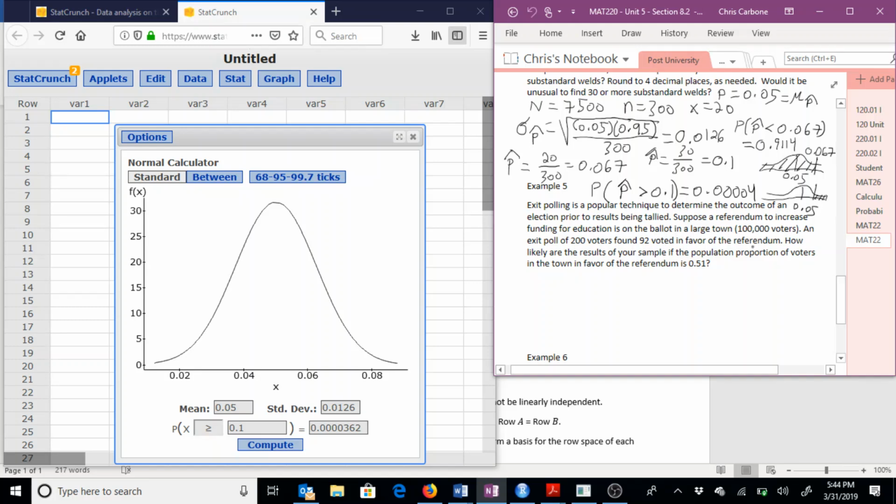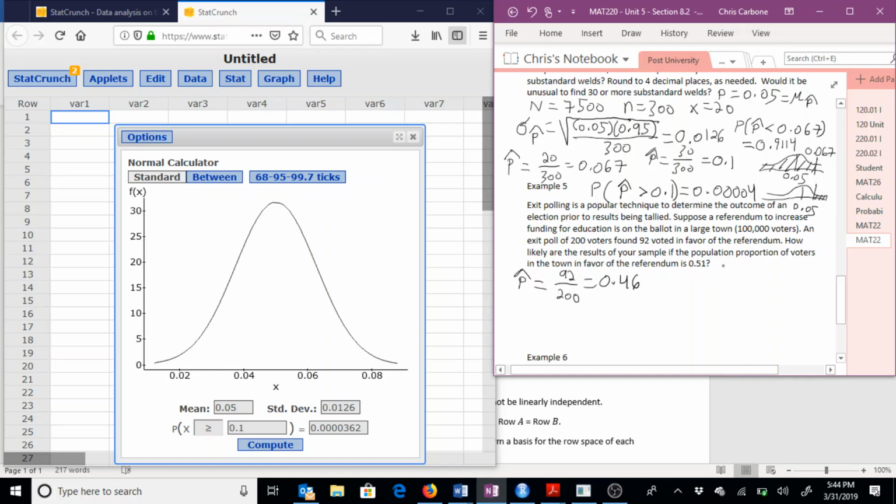We want to know how likely are the results of the sample if the population proportion of voters in the town in favor of the referendum is exactly 51%. So for that, we want to determine the sample proportion, which is going to be equal to 92 over 200, which will be 0.46.